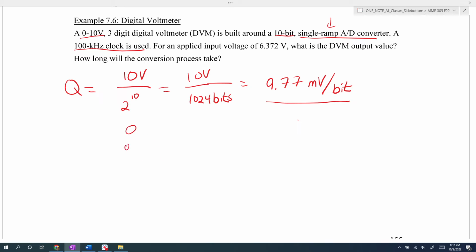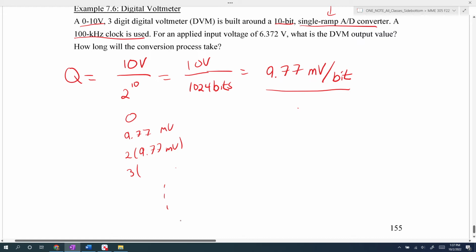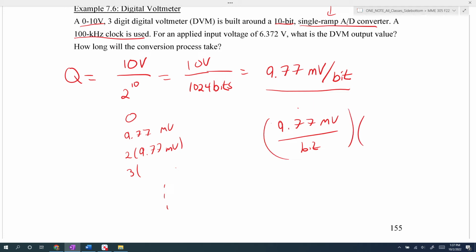The second time it'll be 9.77 millivolts, then 2 times 9.77 millivolts, then 3, and so on, until it reaches the value we're interested in. This slow increase is what we call our slope: 9.77 millivolts per bit, and the ramp converter goes 1 bit every time it runs a step, so we have 9.77 millivolts per step.